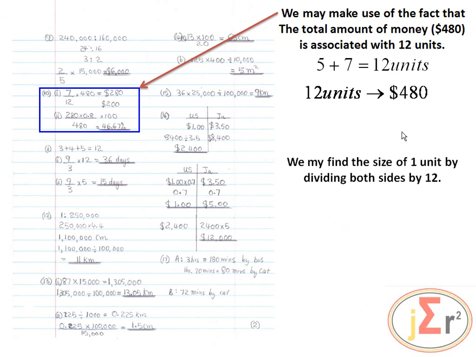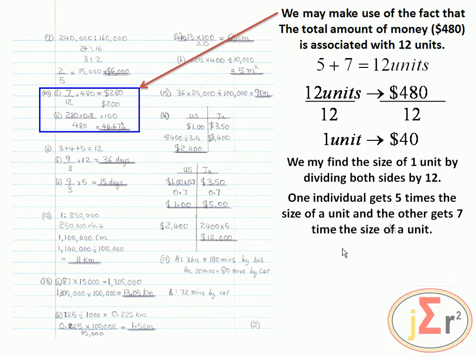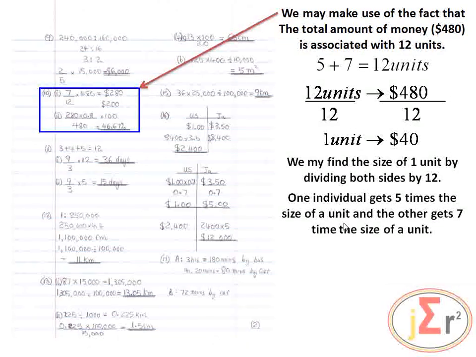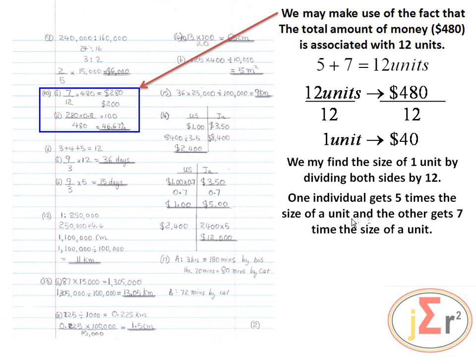We may find the size of 1 unit by dividing both sides by 12. And 12 into 48 is 4. Well, we did that on the previous slide, no problem. So 1 unit is actually $40, and we will go straight ahead and make use of the fact that one individual gets 5 times the size of 1 unit, and the other gets 7 times the size of 1 unit.